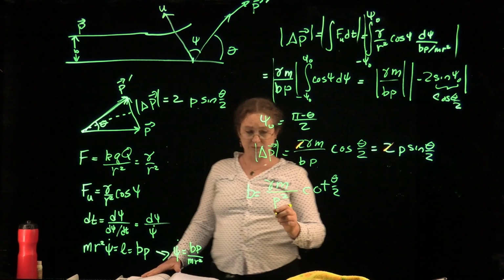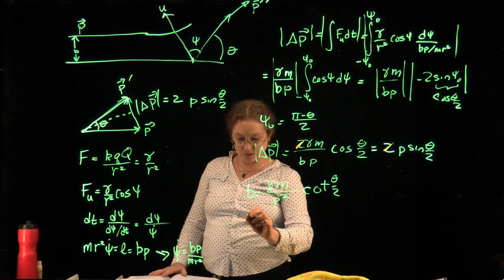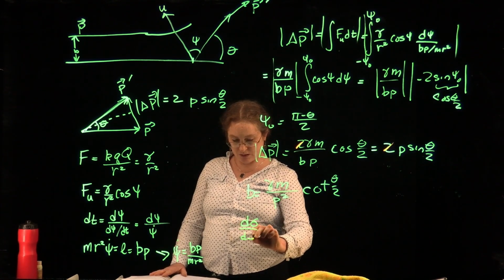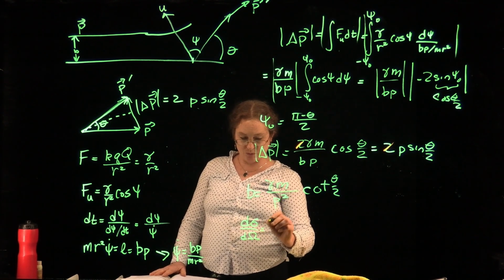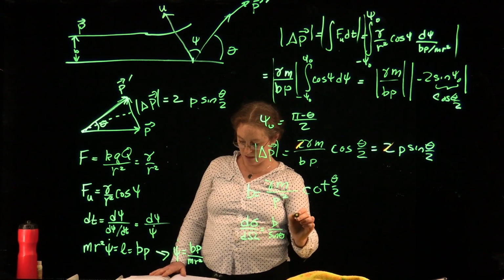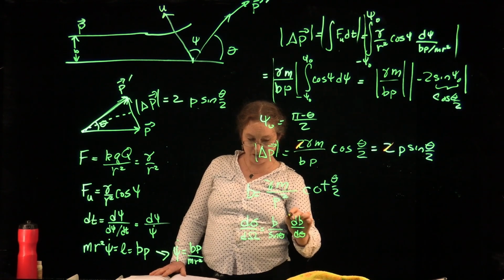And now, the very last part of this, d sigma d omega is equal to b over sine theta, absolute value of db d theta.